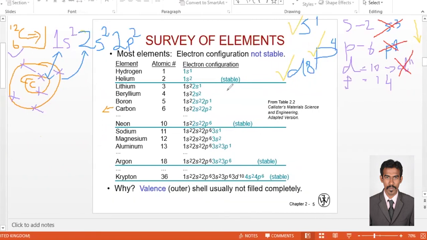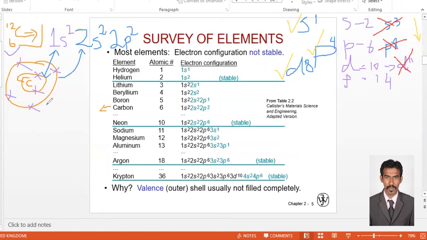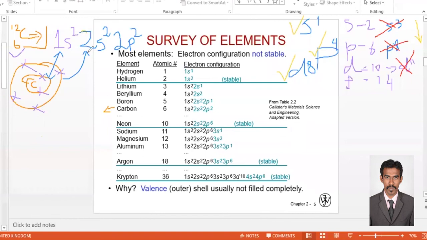In each new orbit, we should start with S. If it is the first orbit, we start with 1s. If it is the second orbit, we start with 2s. In the third orbit, we start with 3s. Once the s orbital is finished, only then can we go on. When we are done with 2s and there are still electrons, we can go for 2p.